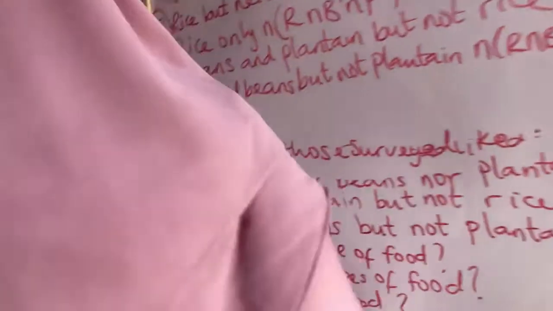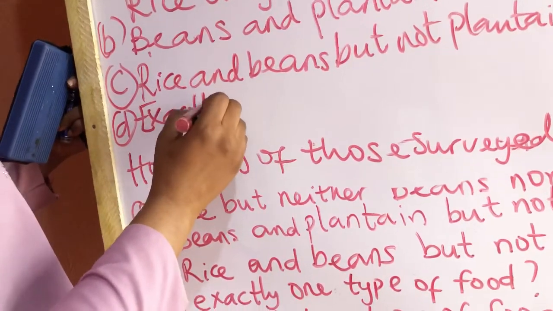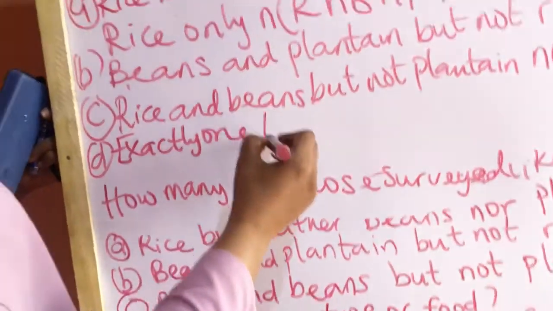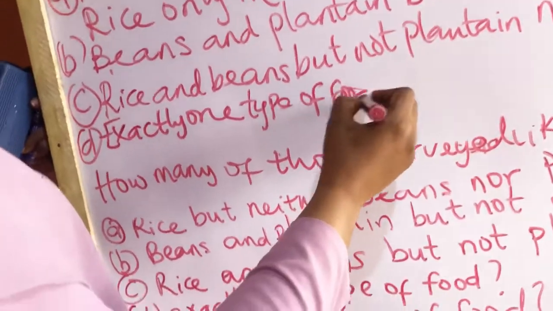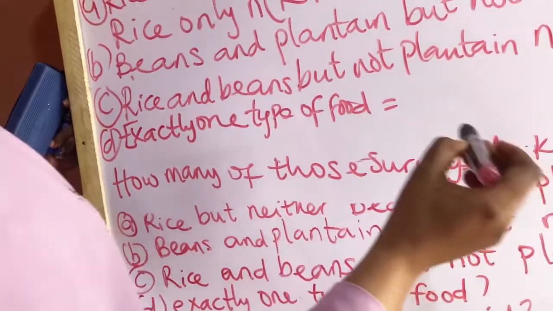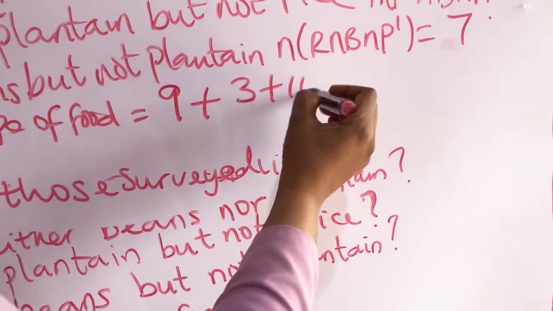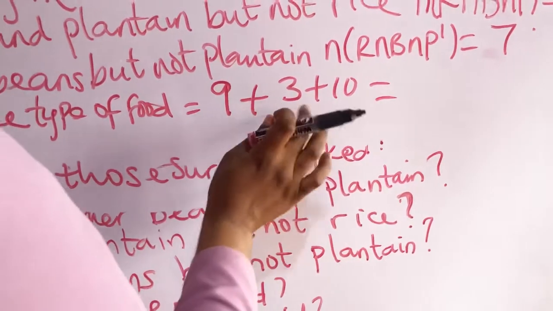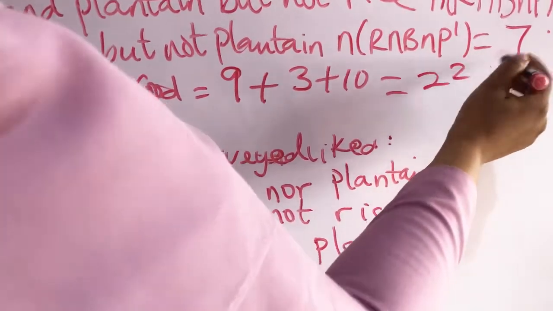So exactly one type of food will be equal to 9 plus 3 plus 10. And that is 9 plus 3 is equal to 12. 12 plus 10 is equal to 22.